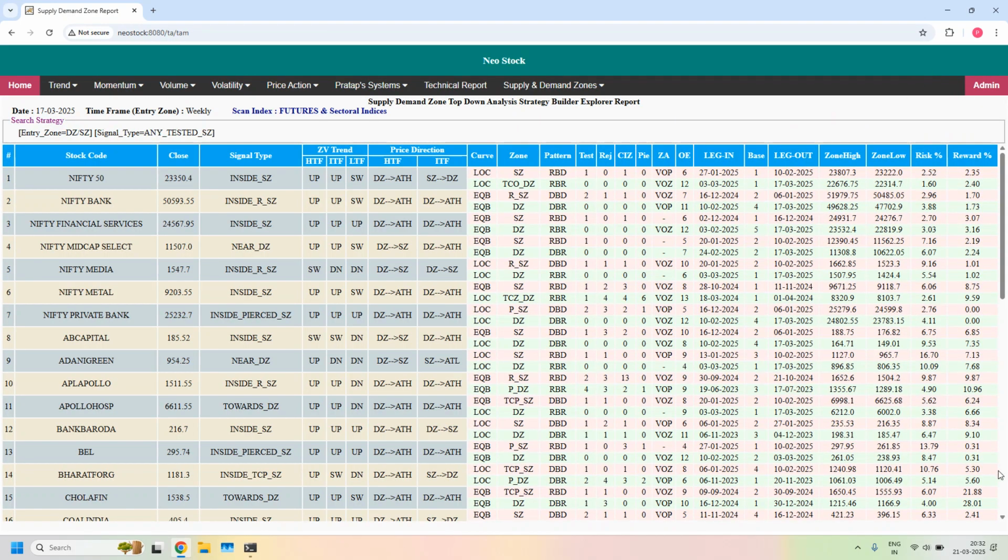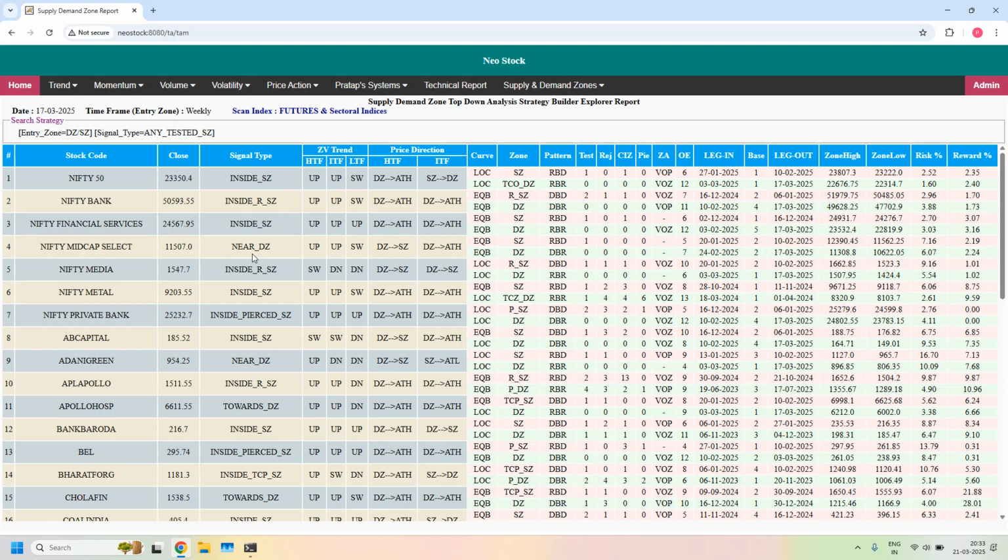So several weekly supply zones are tested during this week, including Nifty 50, Nifty Bank, Nifty Financial Services, Nifty Midcap Select, Nifty Media, Nifty Metal, Nifty Private Bank. 7 indices are tested during this week. And out of these 7, in few stocks prices are closed inside.